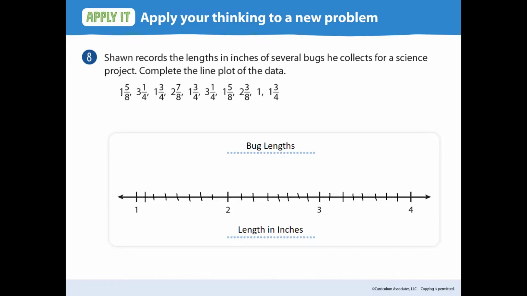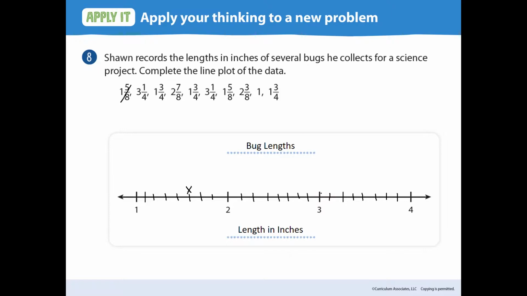So 1 and 5/8 will be 1 and 1, 2, 3, 4, 5/8. Notice I'm not going to take the time to label all of them. And we're going to cross that out so we don't lose track of our spot. 3 and 1/4, so we start at the 3. Now 1/4 is the same as 2/8.